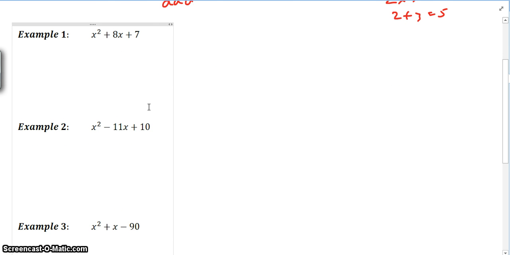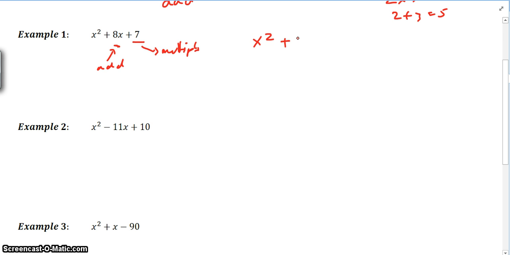So this is what we should be implementing in the particular examples, as we'll see. Example 1 says x squared plus 8x plus 7. So we should be working out two numbers that multiply to give 7, but add to give positive 8. A good way I like to do this is first I'm just going to rewrite this here. I like to come up with all the pair factors of 7.